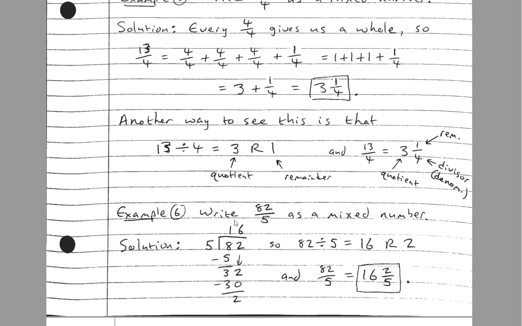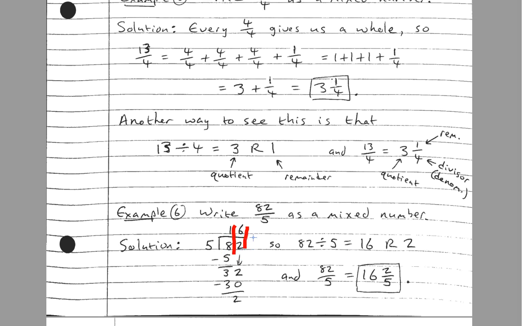When you're doing division, it's important to keep things lined up. So 5 goes into 8 one time. Put the 1 above the 8. And then you still have to fill in a number over the 2.